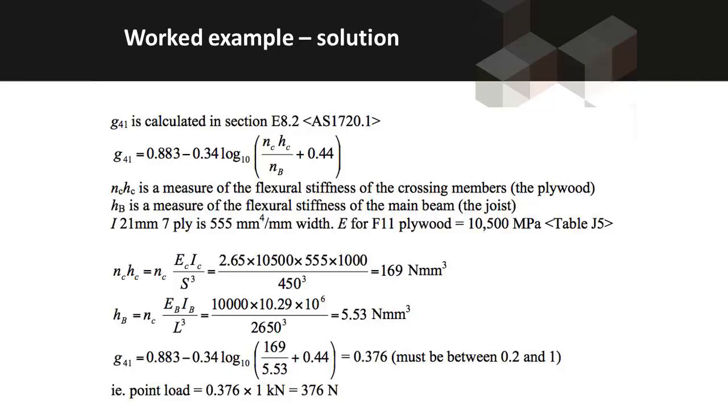And that G41 factor is calculated using the relative stiffness of the floor joists and the crossing members. In this case, we find that the G41 factor is 0.376, so 37.6% of that 1 kilonewton point load is going to find its way into one floor joist.